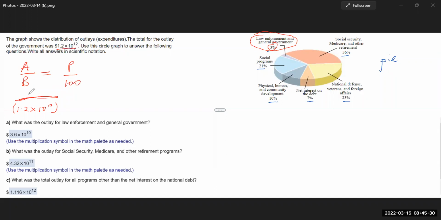So what are we looking for? We are looking for the amount, and the percentage that goes with that amount is 3%. So we could do 3 over 100. All you need to do to find the amount is to cross product.